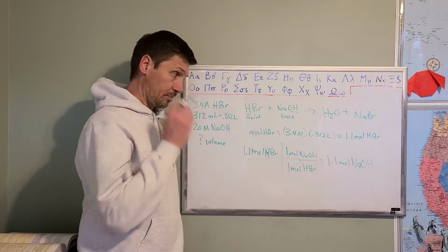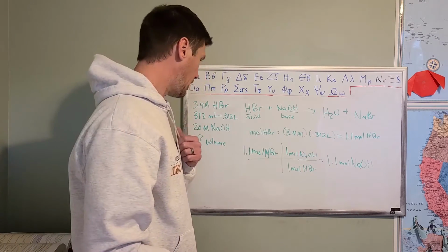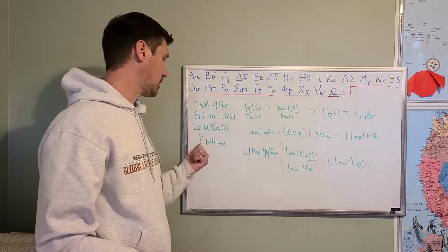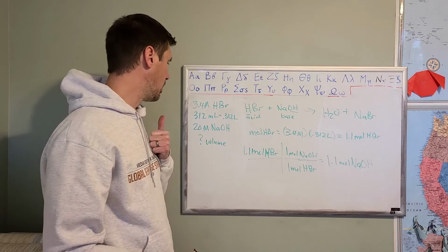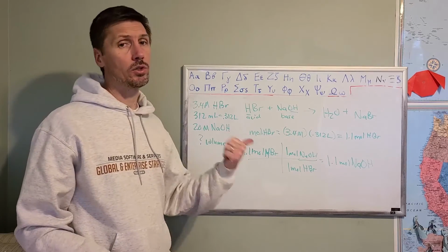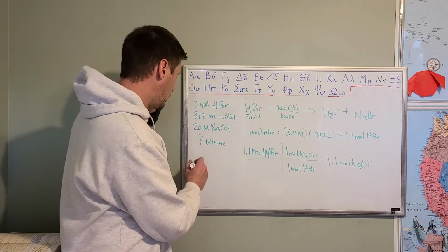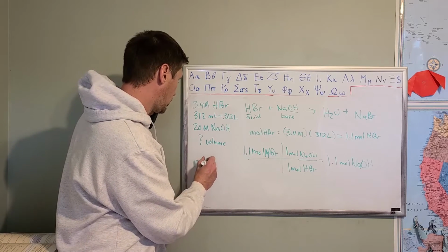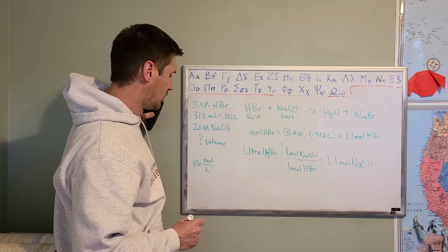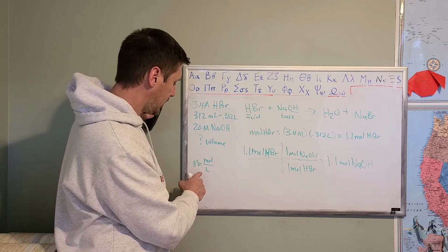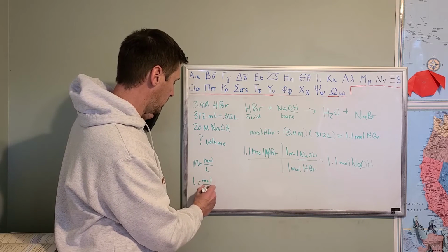All right? The problem, though, didn't ask us for the number of moles of NaOH. It asked us for the volume of a 2.0 molarity solution of NaOH. So again, we go back to the definition of molarity, which is M equals moles over liters of solution, right? And so solving for liters here, we get liters equals moles over molarity.